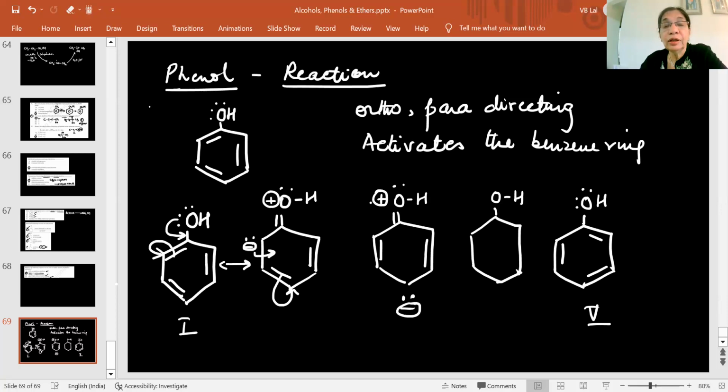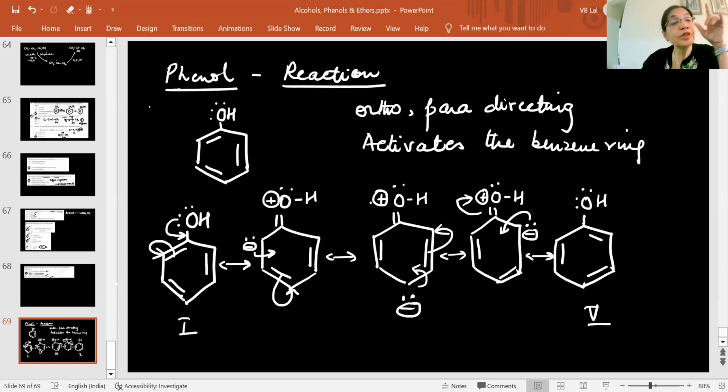Now the next one, this will move on here and this will come to take the place. So you write it here. This will become negative and this is positive. Lastly, this will come here and this will go back there. So you will get this structure. So you get the 5 resonance structures.